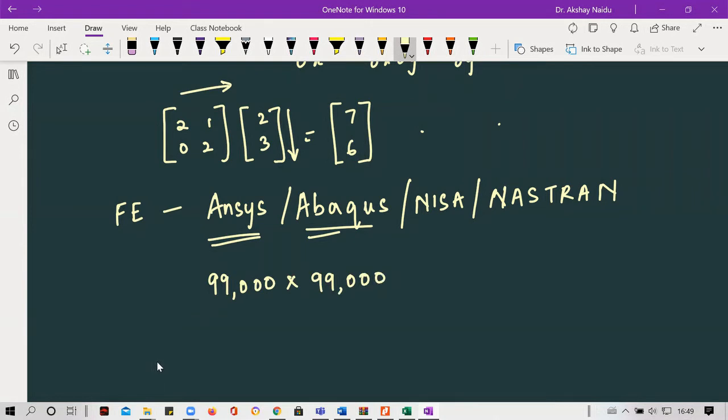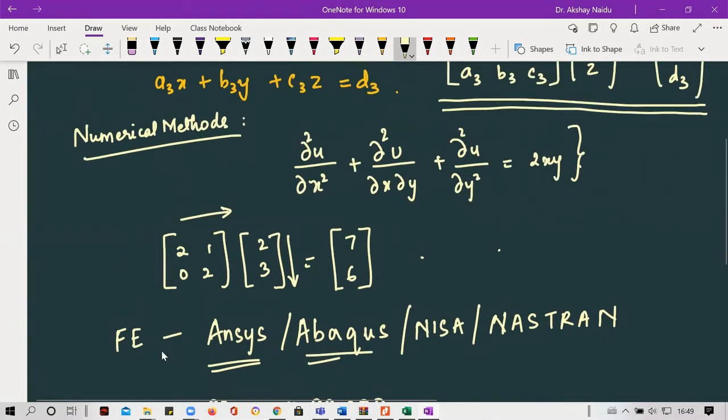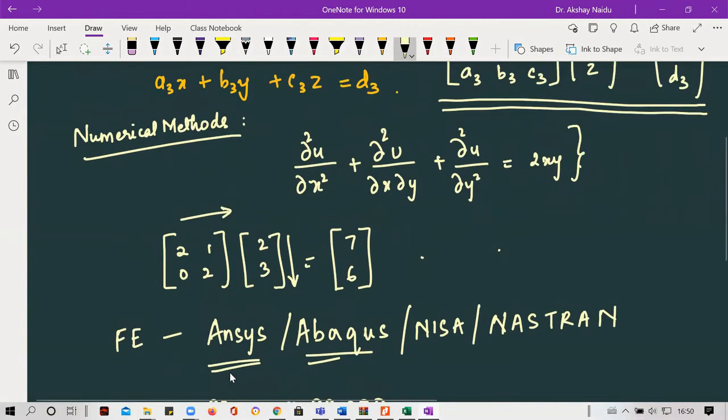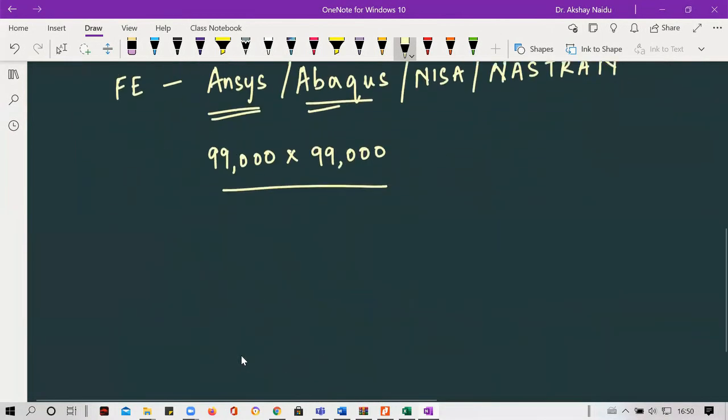After that, you had to simplify the way you give your input. Otherwise, 99,000 by 99,000 was the size. But now it is unlimited. Now with the computing facilities, we have unlimited.